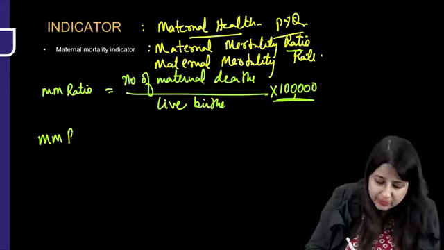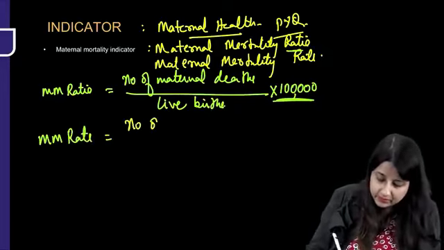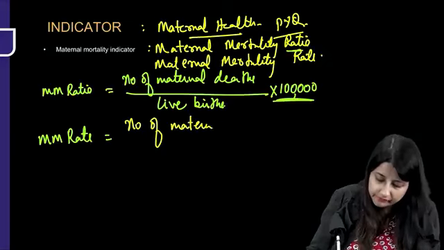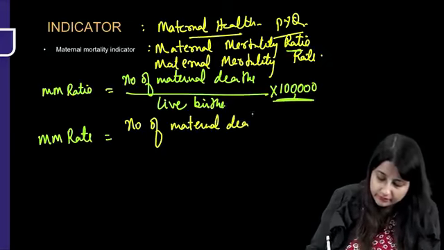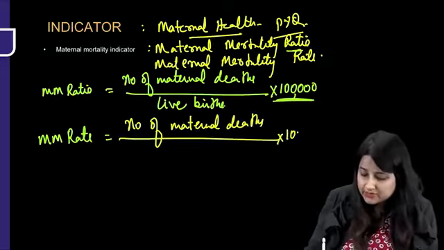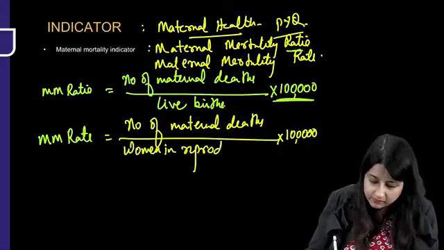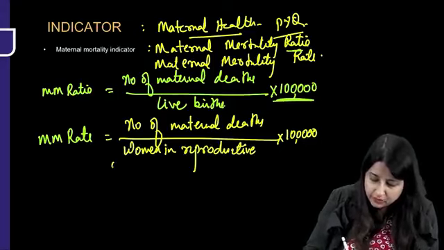But if I asked you the maternal mortality rate, what is it? Now, the numerator has to be a part of the denominator. So, per 1 lakh women in which age group?